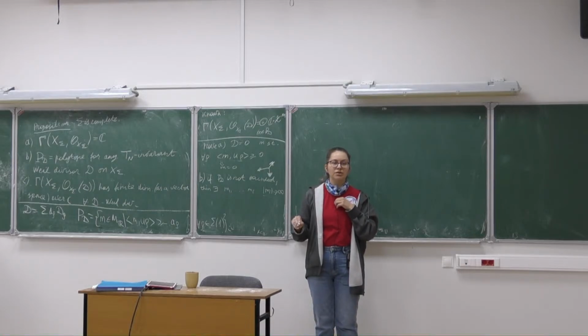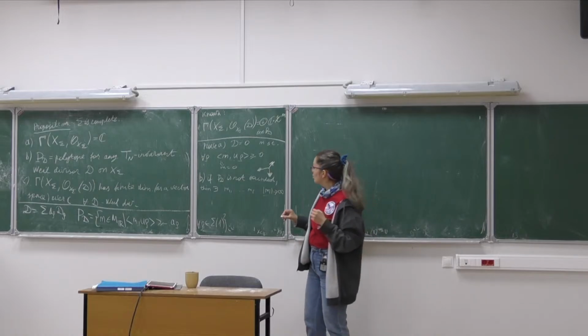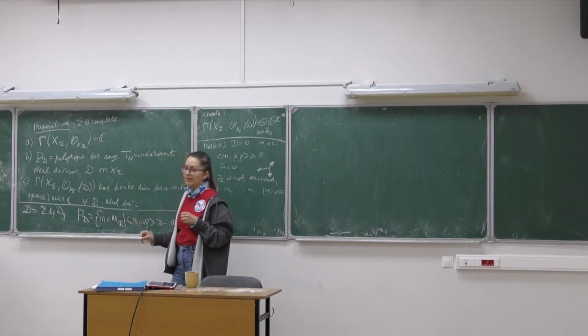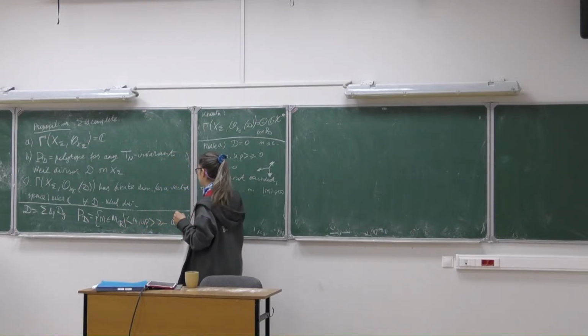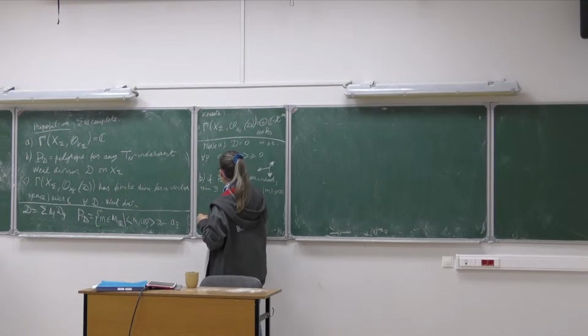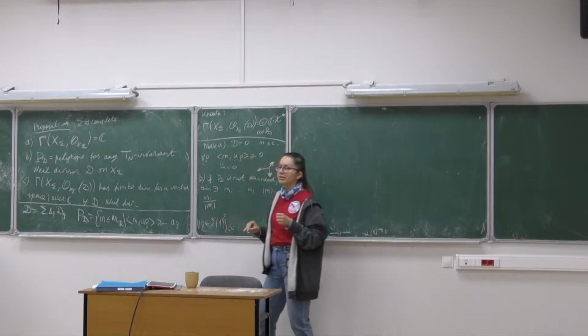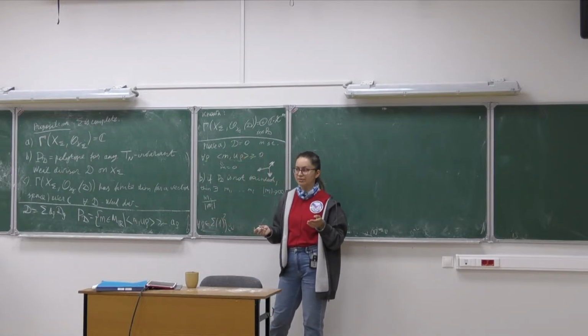And we can get a contradiction with these inequalities in the following way. If we consider the points m_i divided by the norm of m_i, these will be points on the unit sphere.